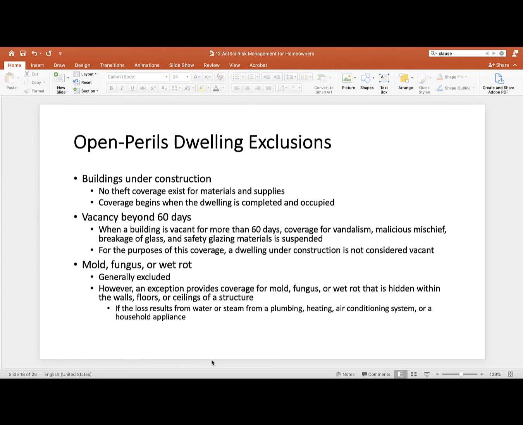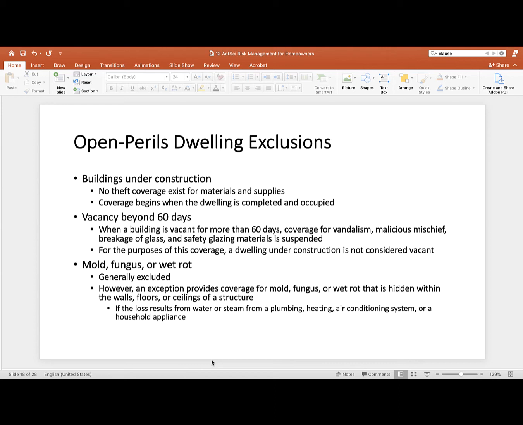So what other dwelling exclusions do we have? Buildings under construction: no theft coverage for materials or supplies. Coverage normally begins when a dwelling is completed and occupied. If a building is under construction, your homeowners won't cover it, but there'll be other insurance that your contractor should have that will be covering it.